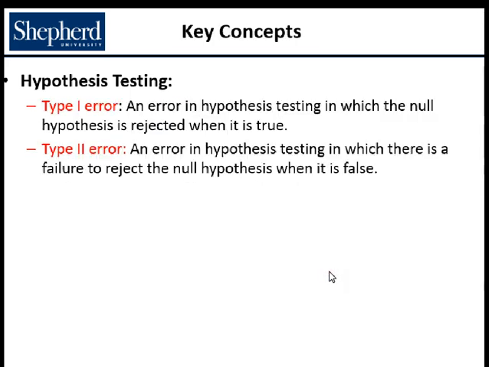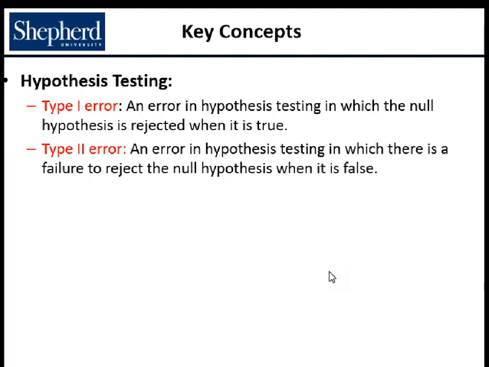Because hypothesis tests are based on sample data, we have to allow for the possibility of errors. A type 1 error is rejecting the null hypothesis when it's true. And the probability of making a type 1 error when the null hypothesis is true is called the level of significance.